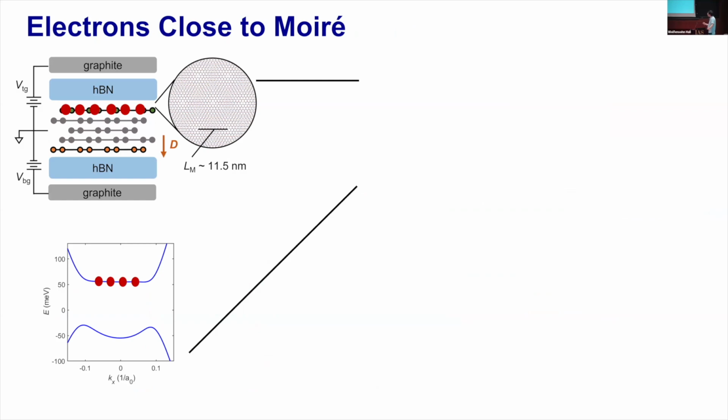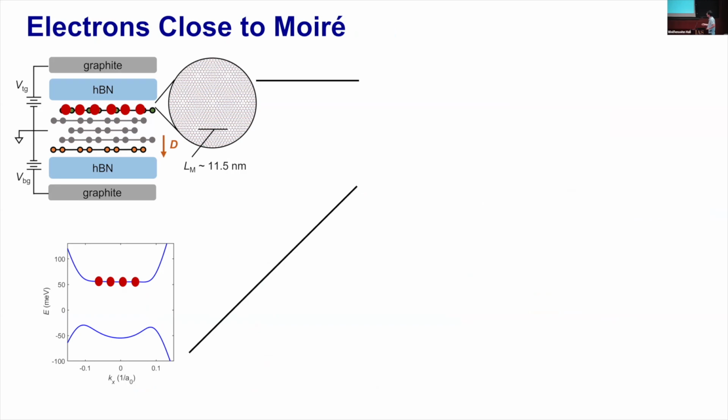We don't have a device that mimics the transport device on the weak Moiré potential side, but we do have a device that we can measure very comfortably by pushing the electrons close to the Moiré. So Moiré is here, and we can apply a displacement field to push the electrons close to the Moiré side.